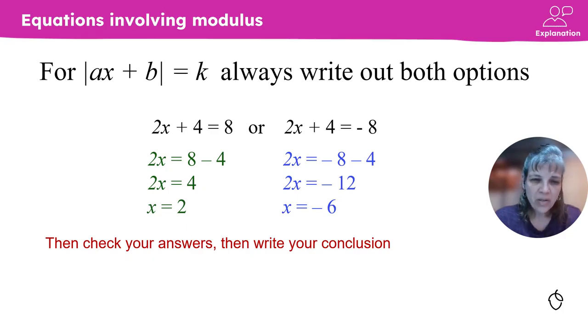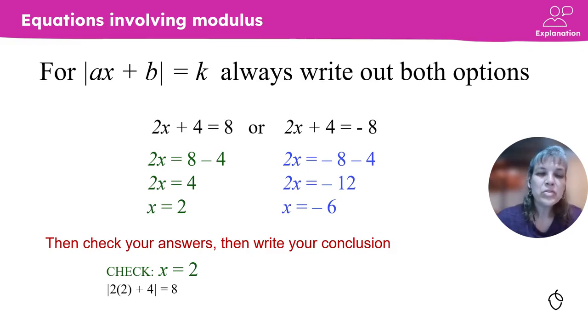So what would it look like to check our answers? We take x is 2, and we put it back into the original equation, which was the modulus of 2x plus 4 equals 8. So if we put 2 into there, then we have the modulus of 4 plus 4 equals 8. Yeah, it does. Or we check the other one.